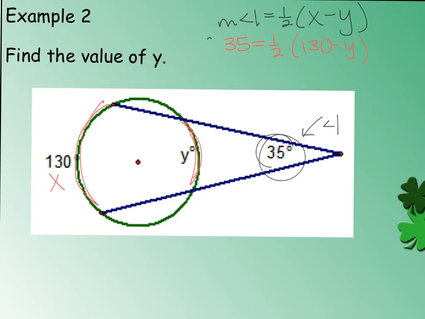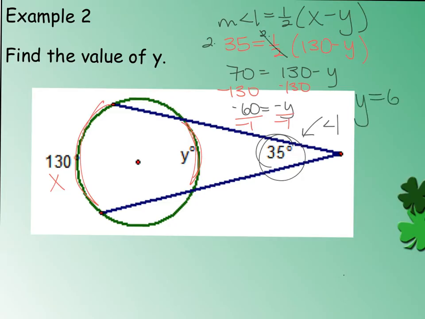To solve for y, I could choose to multiply both sides by 2, which leads me to 70 equals 130 minus y. I could then subtract 130 on both sides, leading me to negative 60 is equal to negative y, and divide both sides by negative 1, so my value of y is a positive 60 degrees.